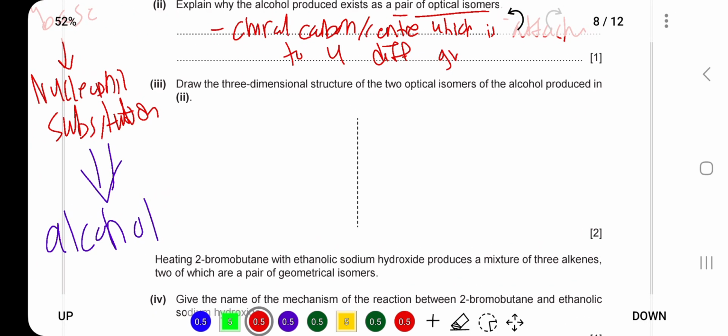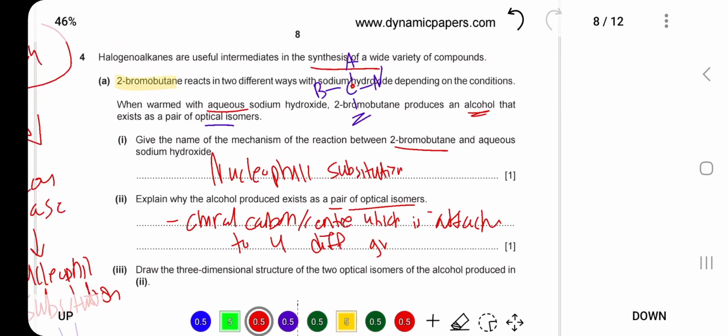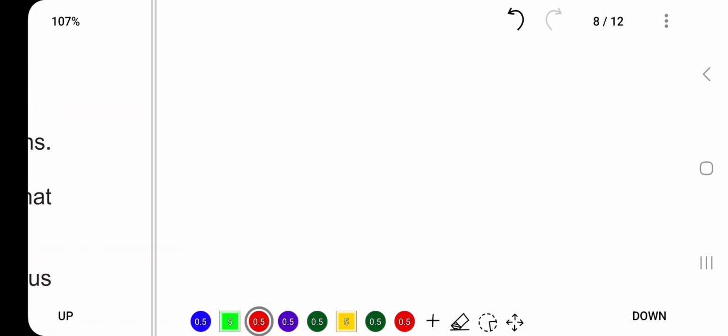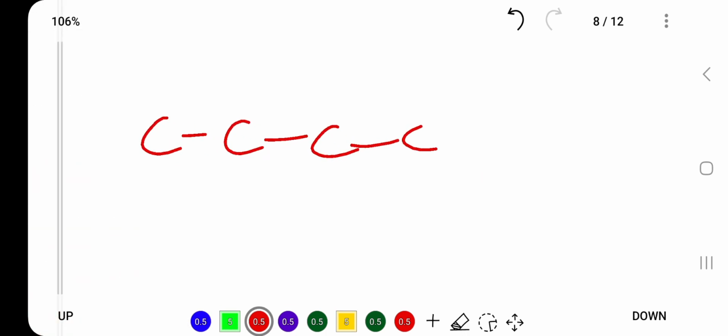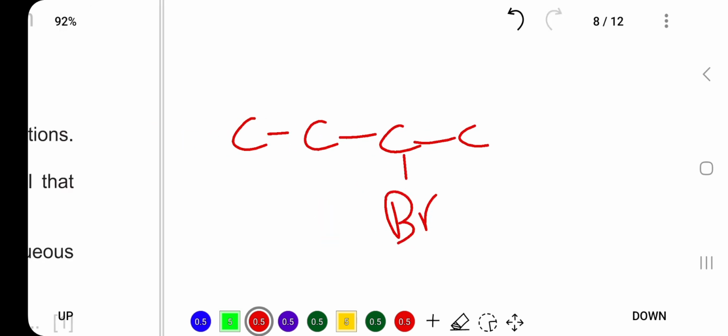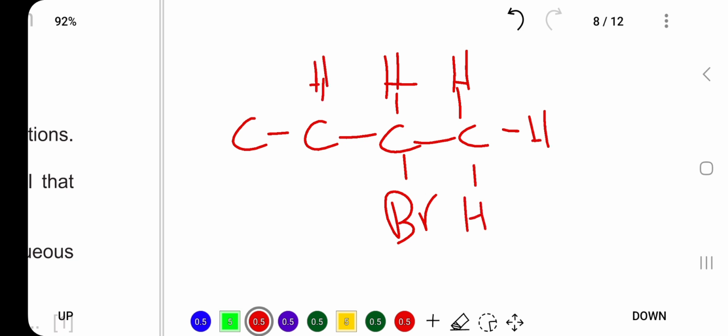Draw the 3-dimensional structure of the optical isomers of the alcohol produced. A butane, right? 2 bromo, so it's placed in the second carbon. Alright, let's complete the hydrogen. You can skip this part if you're bored, or you're tired, because I'm sure you are. Chemistry is pain, but it's okay.